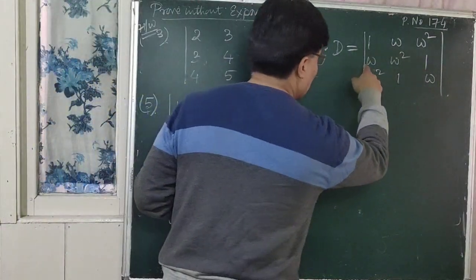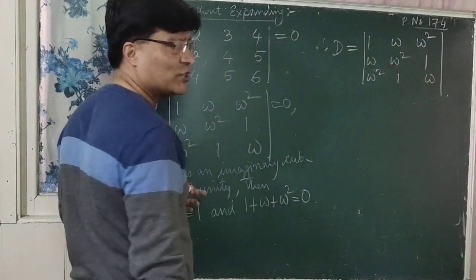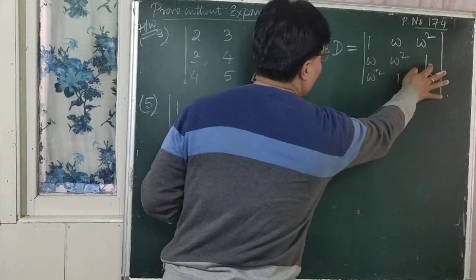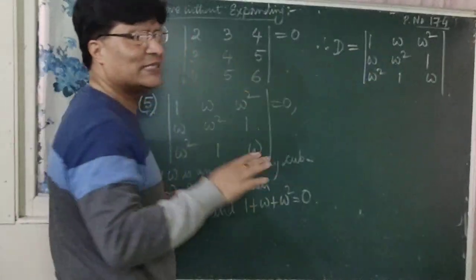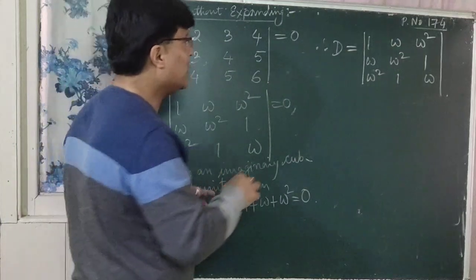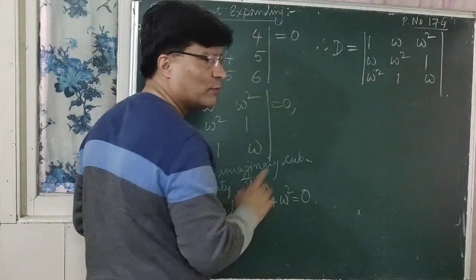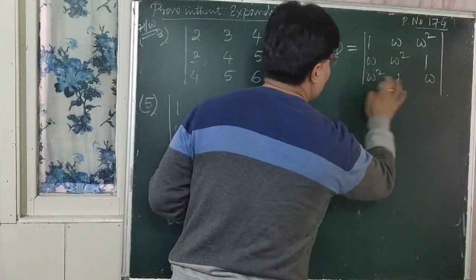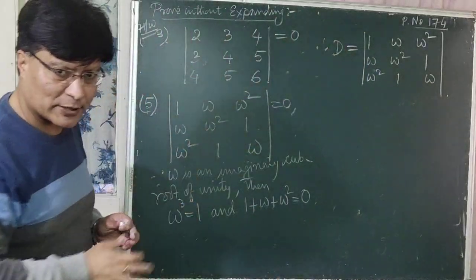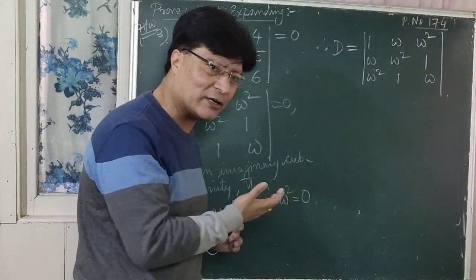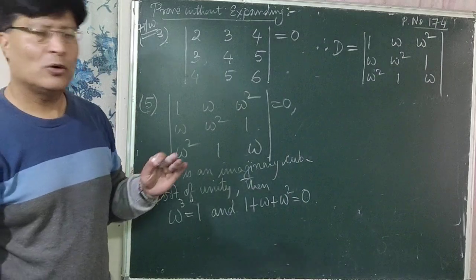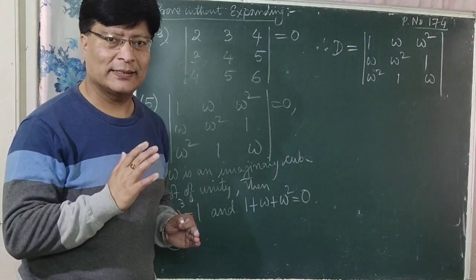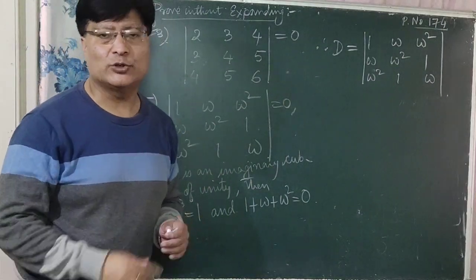And in the first element of the second row, you will have again 1 plus omega square. Again in the third row, in the first column, you will have 1 plus omega square. Same expression is there. Here also you can take common 1 plus omega square. That is property number 4 is used here.